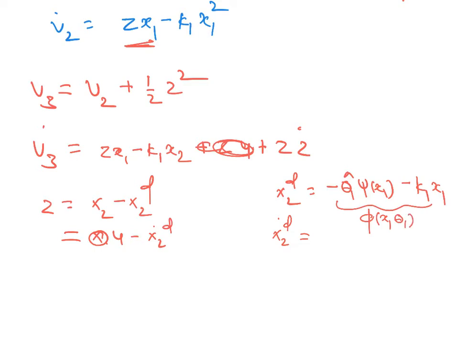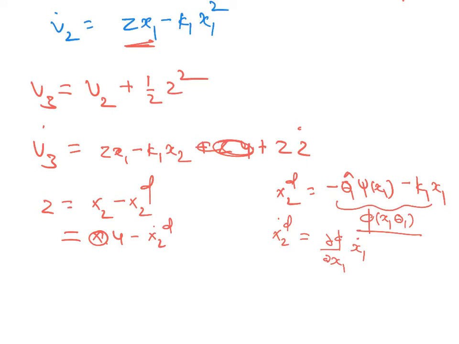Just shorthand notation for this. So x2 desired dot will be, if it is phi of x1 theta 1, first del phi with respect to del x1 into x1 dot, right?